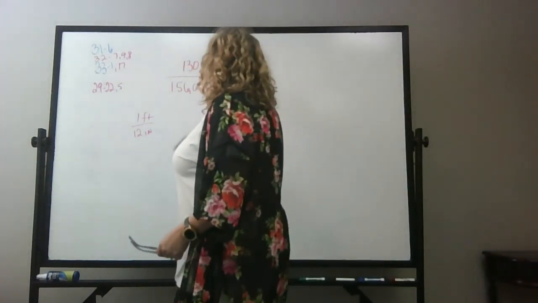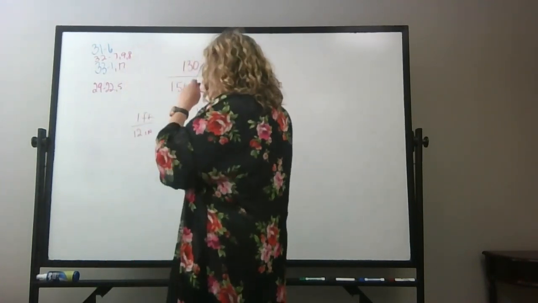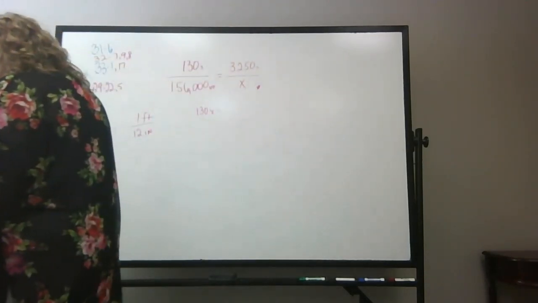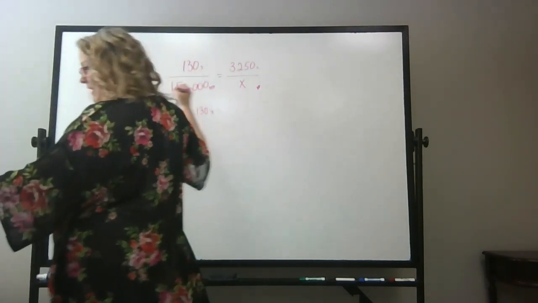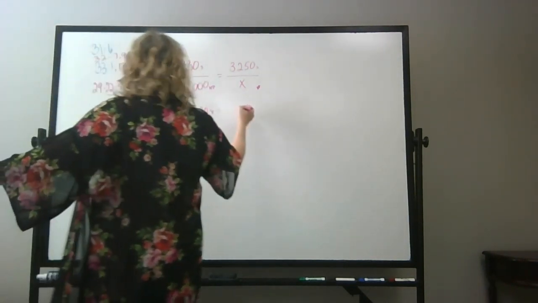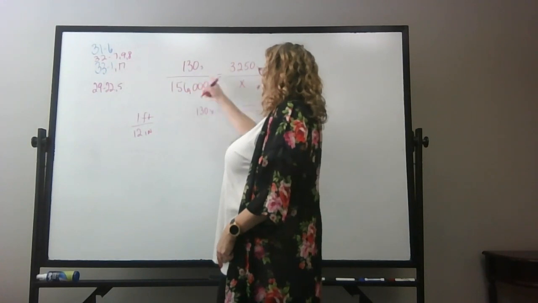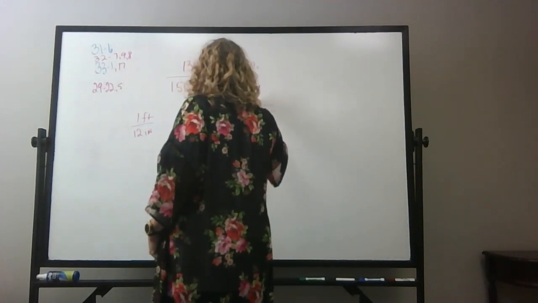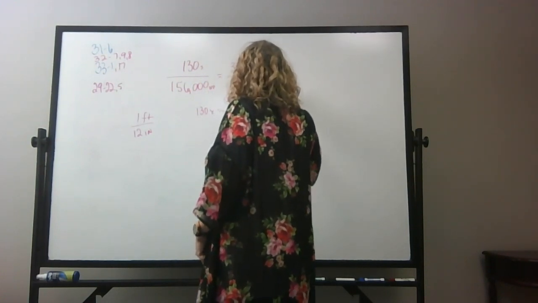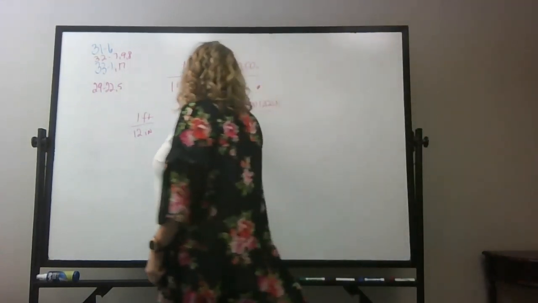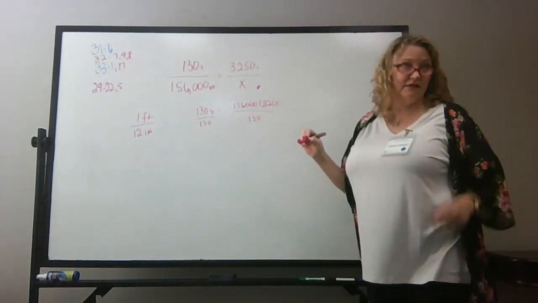Now I'm going to cross multiply: 130x equals 1,560 times 3,250. That gives me some number that I'm not going to bother calculating right now. Then I divide both sides by 130 to isolate x.